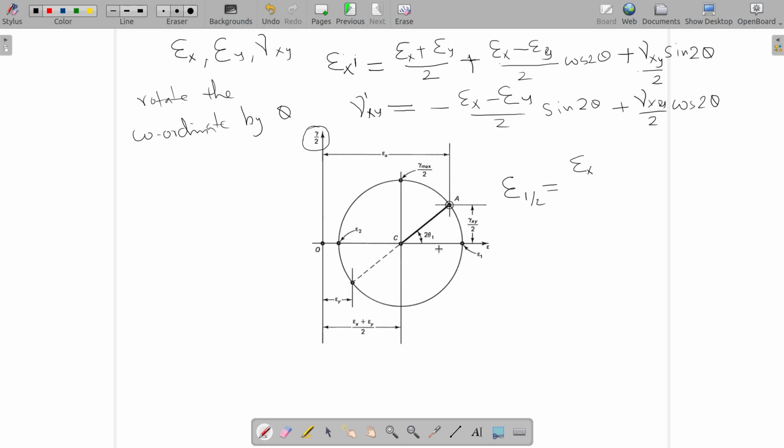Think about the triangle here and think about finding the maximum and minimum values by adding the radius to C and subtracting the radius. So the center will be epsilon x plus epsilon y by 2, plus or minus depending on whether it's 1 or 2, right?